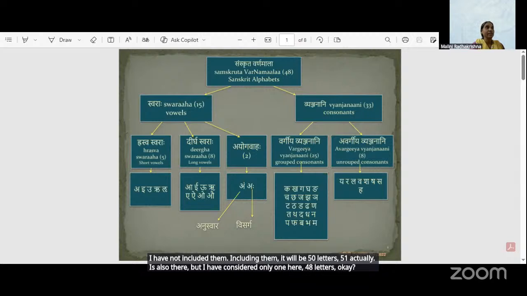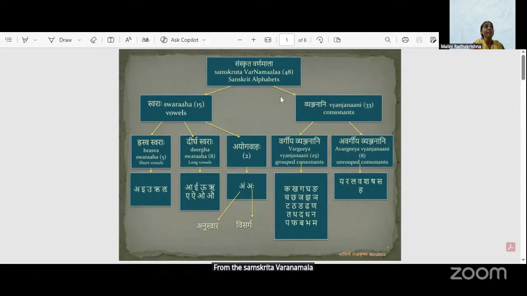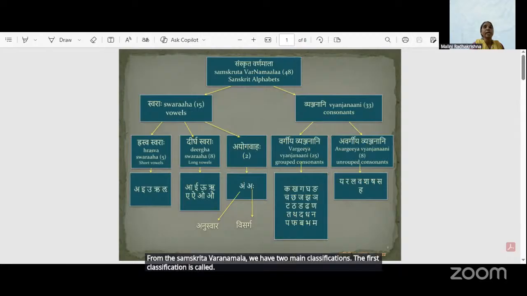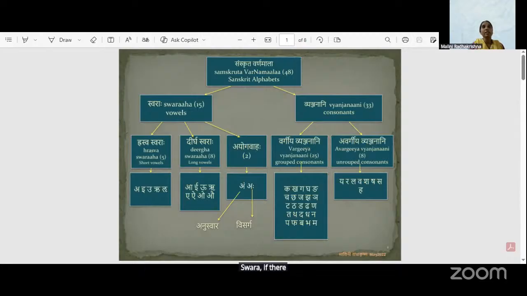From the Samskrita Varnamala, we have two main classifications. The first classification is called Swaraha. Swaraha means vowels, and Vyanjanani are called consonants. If there is only one vowel, we call it Swara.